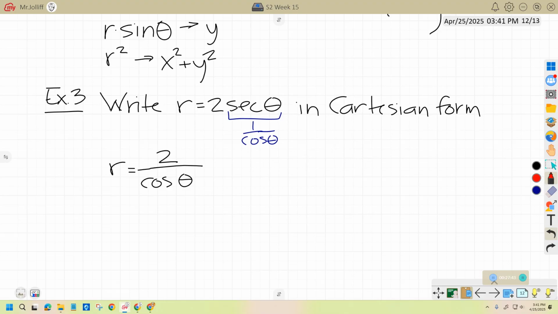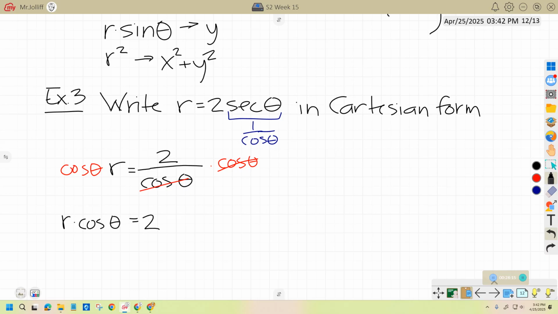I'm going to multiply both sides by that cosine so it gets it out of the denominator. Those guys cancel. On the left, I have an r times a cosine theta. What do I have left on the right side of that equation? 2, yeah.